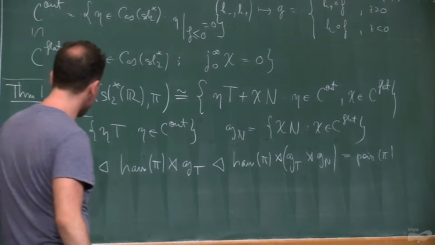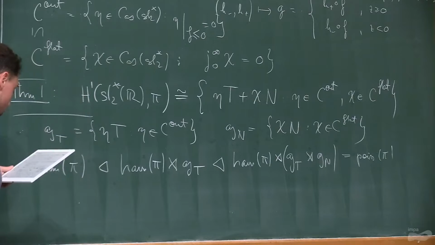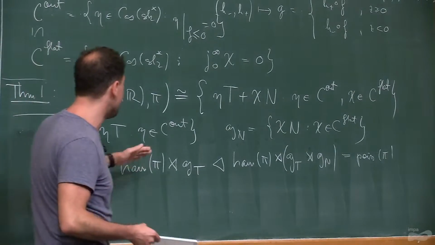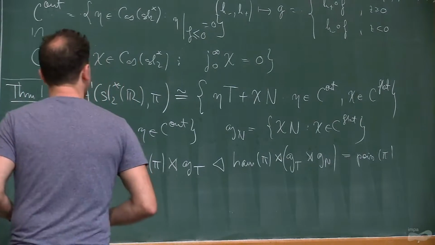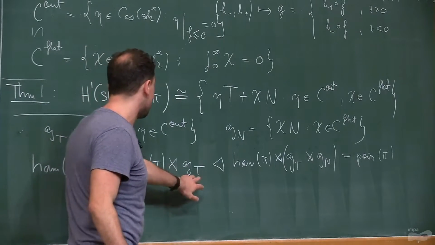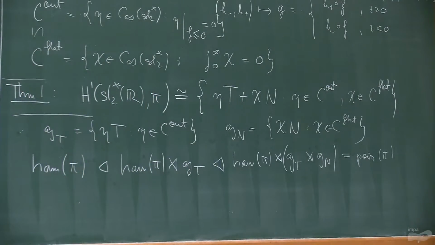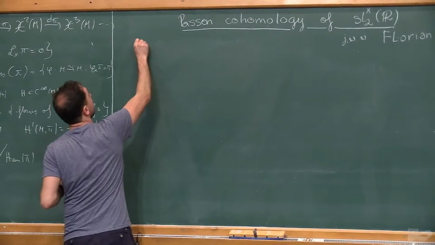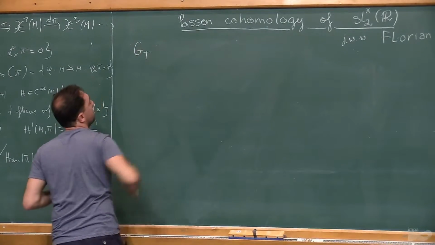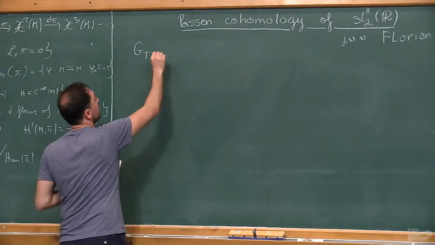Okay, so this is why this natural ideal shows up inside the space. And then you might start wondering what are the groups associated to this. And you can build some very natural groups. So for G_T, you can build a group, capital G_T.